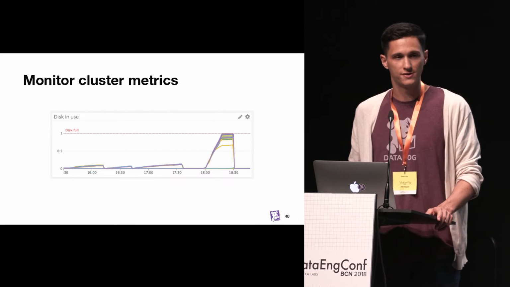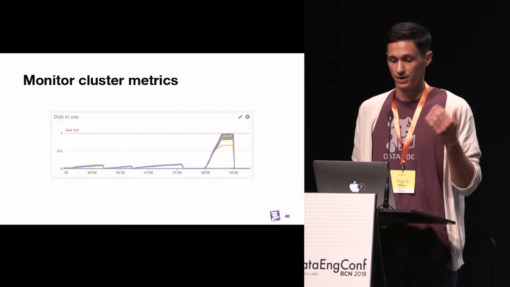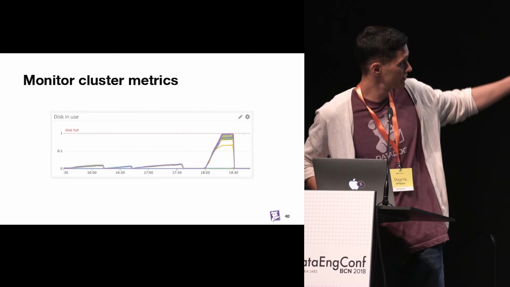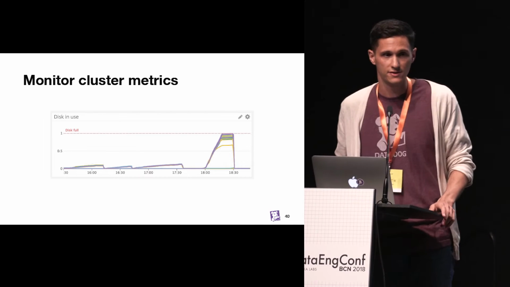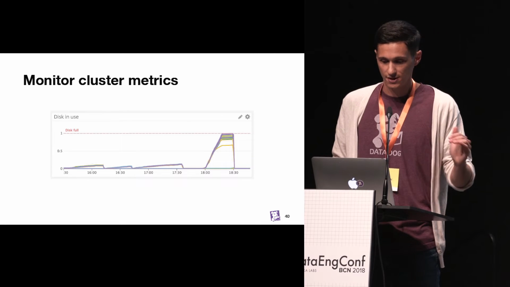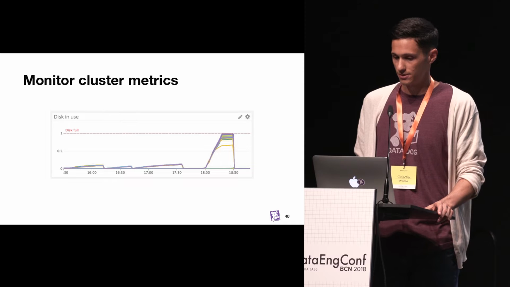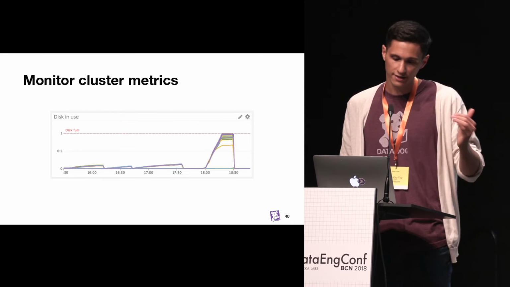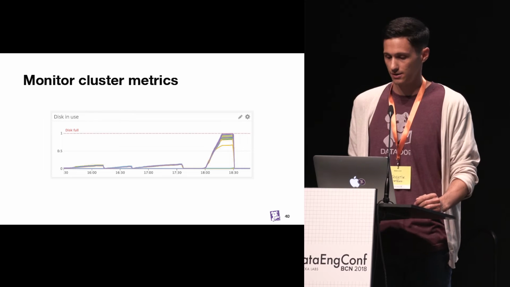So we have a monitor set up to get alerted when nodes are running out of disk. You see that the first 3 jobs are totally fine, all the executors are way below the limit. But in the last job, some executors are reaching the limit and the job probably failed on an out-of-disk error. So if we get alerted early enough, we can scale up the cluster and keep the job running.